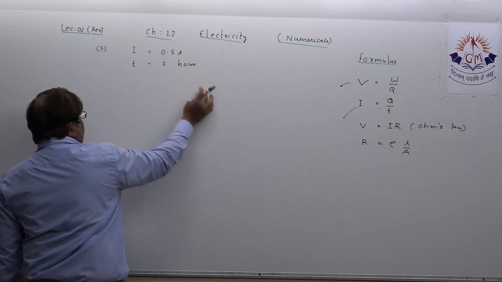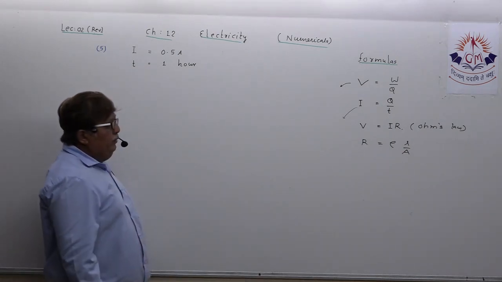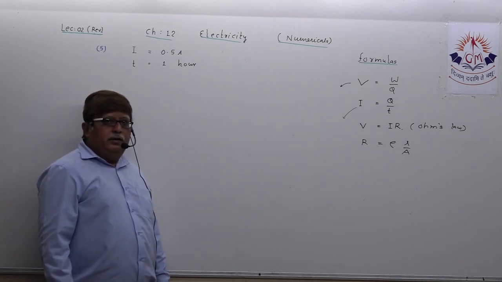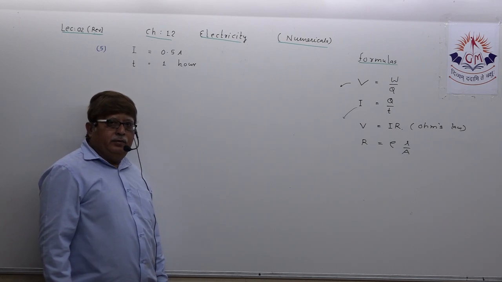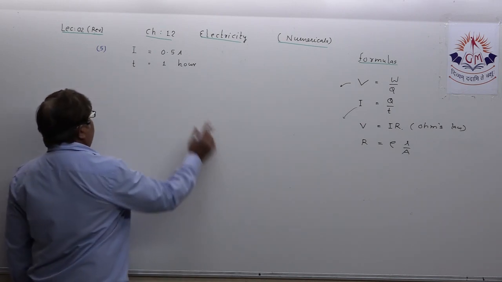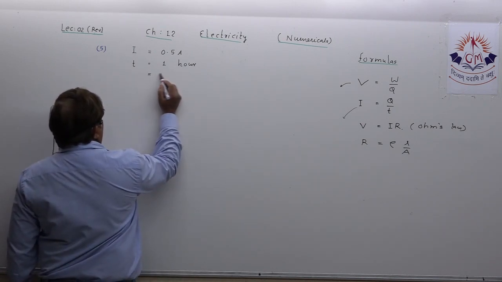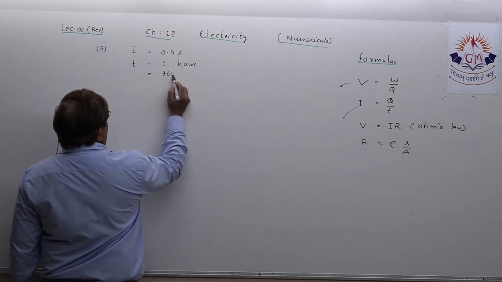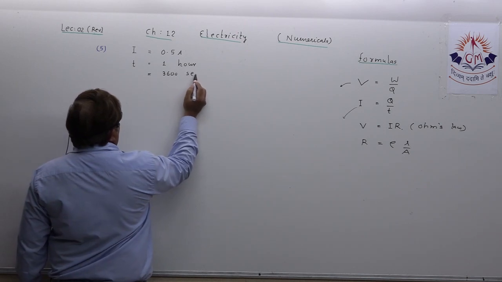If you remember the first numerical, I told you that current has to be in ampere and time has to be in seconds. So we need to convert it. You all know, 3600 seconds.